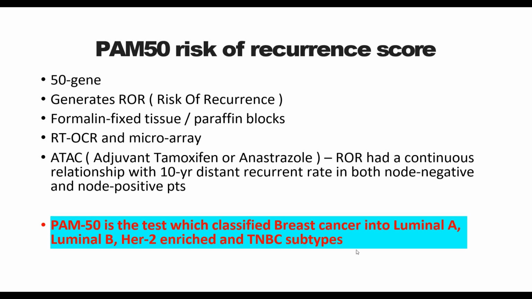So we know that these subtypes are broadly remembered as luminal subtypes being hormone receptor positive, HER2 negative, HER2 enriched being HER2 positive, may or may not be hormone receptor positive, and TNBC as all three negative, HER2 and hormone receptors are negative, and with a high Ki67, which is a proliferative index.